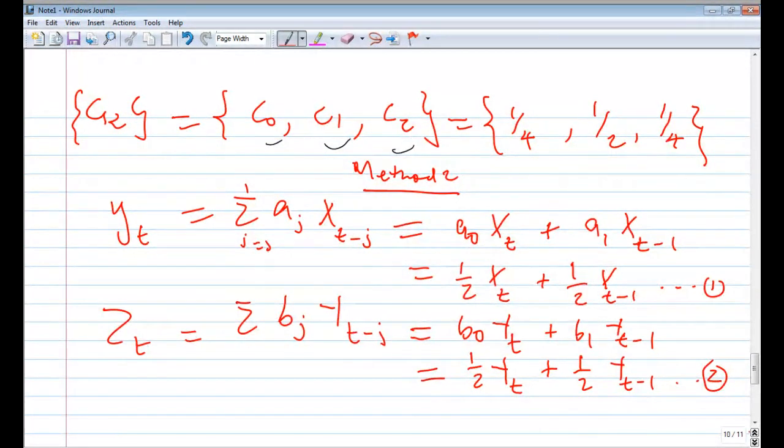So now you can substitute equation 1 into equation number 2.